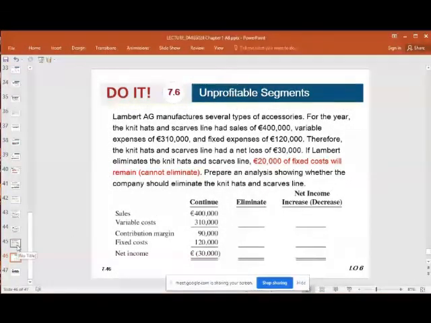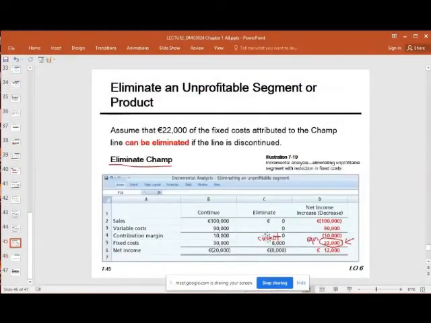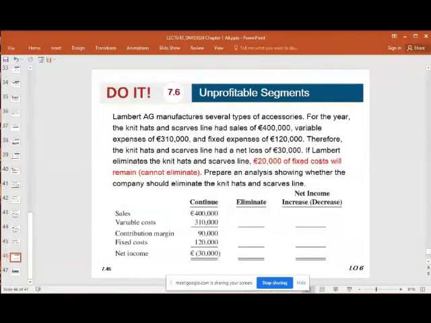Okay, so we refer back to just now. Do you see cannot eliminate will be here? You cannot eliminate the fixed cost. Even if you eliminate the department, even if you eliminate the CHAM, even if you eliminate that product, you cannot eliminate the fixed cost. So here, you still have to pay for the fixed cost. So same thing, 20,000 will remain, cannot be eliminated.